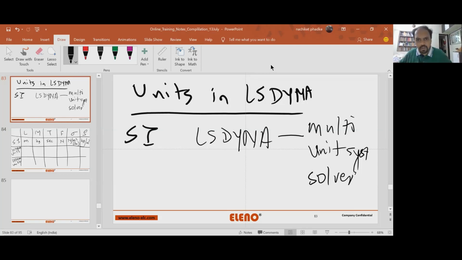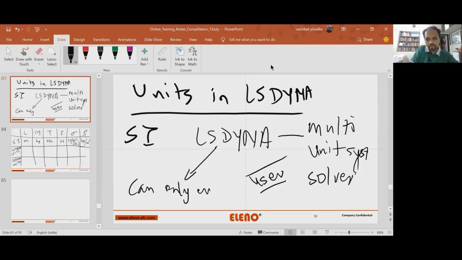It has multiple unit systems which can be defined by whom? User only. So you don't have to go searching for the unit system which is inbuilt in LS-DYNA. There is no inbuilt unit system. There is no default unit system. There is always going to be a user defined unit system, and LS-DYNA can only understand what? Numbers.